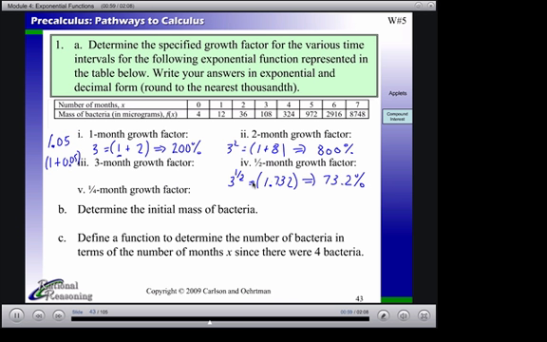Okay, the rest of class is to finish this worksheet, and I'm going to call you down for a check of your notebook. So, lots of practice on this important worksheet. Lots of practice on the different growth factors.